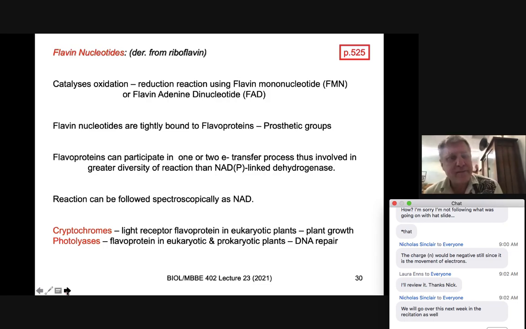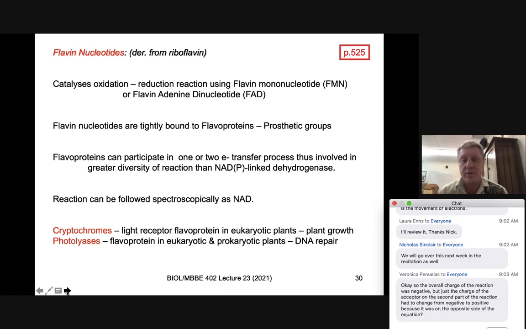So the flavin nucleotides, these are from riboflavin, and you might also see this on your Frosted Wheaties ingredients on the back of your cereals. These are basically catalysts of oxidation reactions, and they use this flavin mononucleotide, or FMN, or FAD, flavin adenine dinucleotide, to do its particular job.